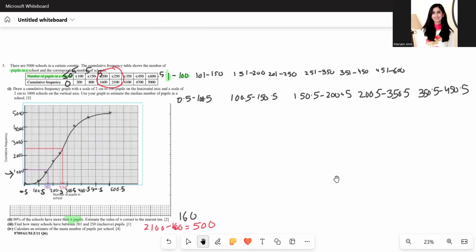So we'll have 200 here, then 800 minus 200, which would be 600 here, then 1600 minus 800, which will be another 800 here. So, hold on, we'll have just a second.